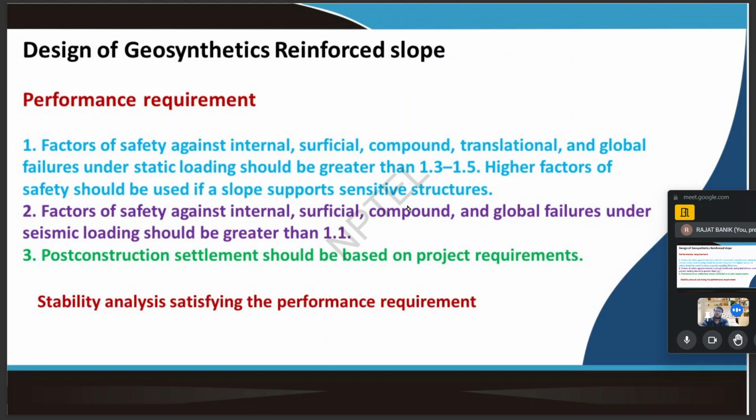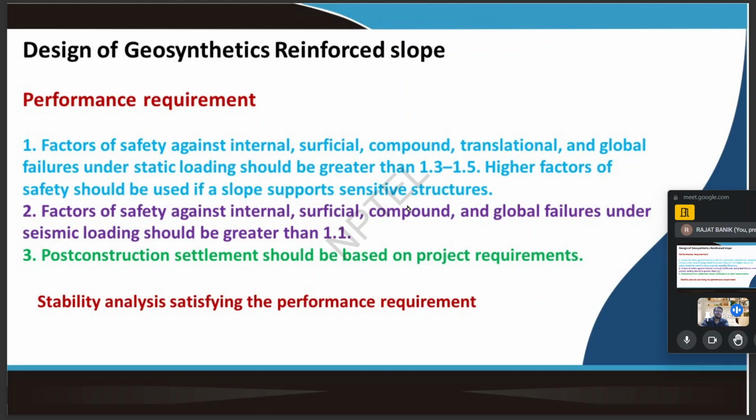So first it is given that factor of safety against internal, superficial, compound, translational, and global failures under static loading should be greater than 1.3 to 1.5. The higher factor of safety should be used if the slope supports sensitive structures.